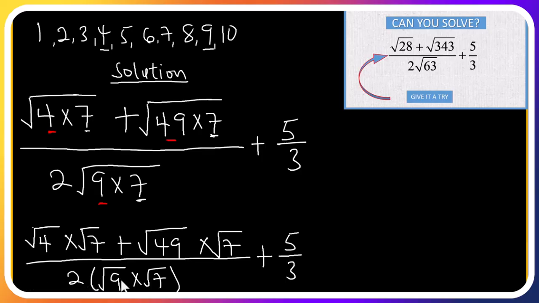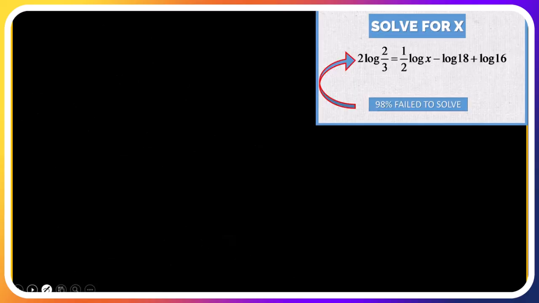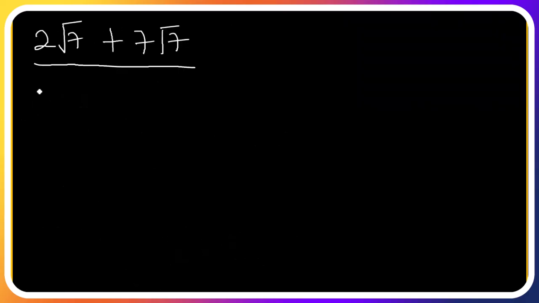Root 9 also gives us 3 root 7. So we have 2 multiplying 3 root 7, plus the fraction 5 on 3.